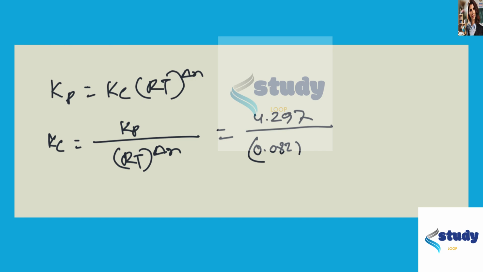We are not writing the units, but in the exam you should write all the units, which we have already shown earlier, and then the temperature of 1100 K, over the value of del N.